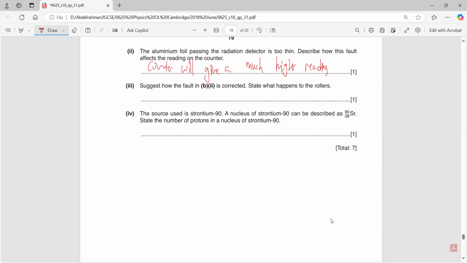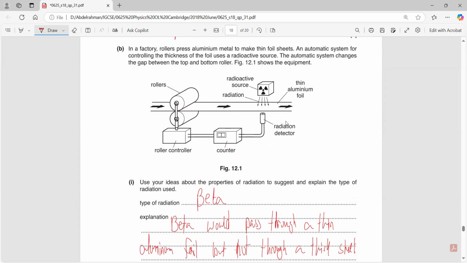Suggest how the fault in B(ii) is corrected. If the aluminum foil is too thin, how can I correct this fault? If you look at the figure, these rollers, if they are very close together, what happens?